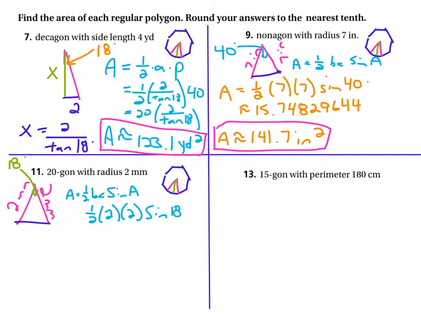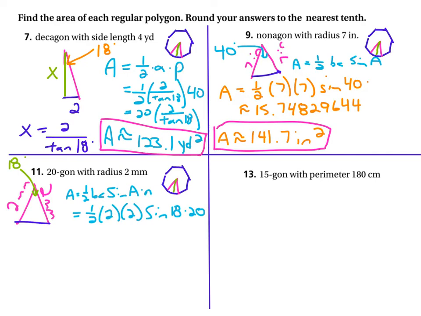And if I wanted to find the area of the whole thing straight away, instead of just leaving it as that for the area of one of the triangles, I could say the entire area would be that times, I'll do it up here as the formula, times the number of sides. And what is the number of sides? In our case, the number of sides is 20. So we could type that whole thing in straight away, find that out.